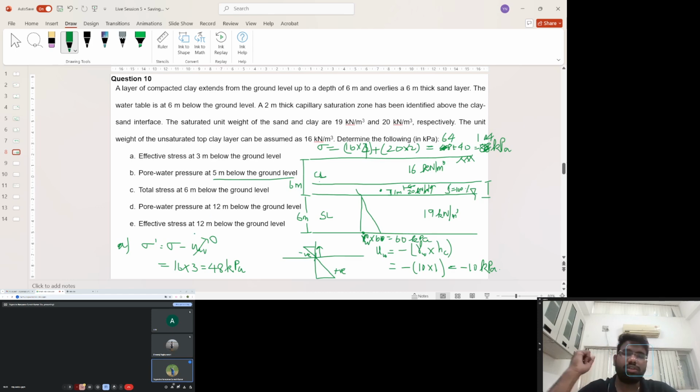Now effective stress at 12 meters below the ground level. Now you have to compute the entire total stress minus the pore pressure acting at this point. Right.